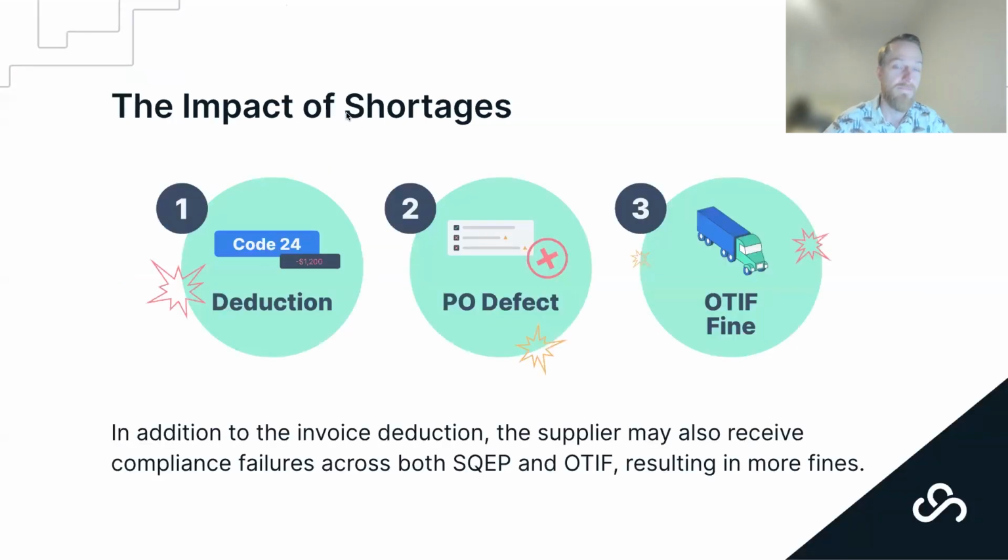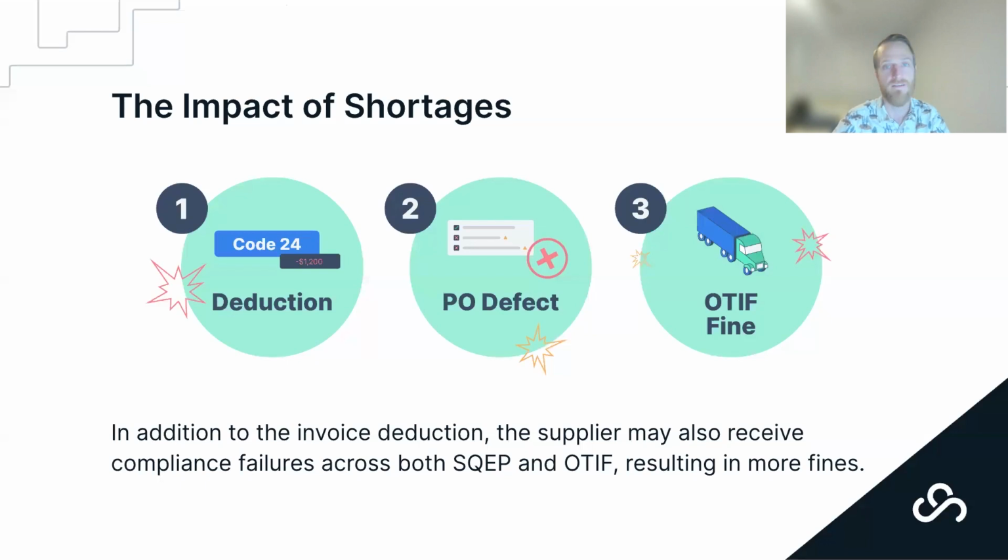So in addition to just getting the payment withheld on these invoices, you could also receive compliance failures. If there's a discrepancy of some kind, then that discrepancy could impact your OTIF scores, especially the in full side.